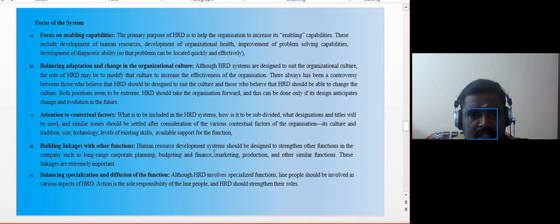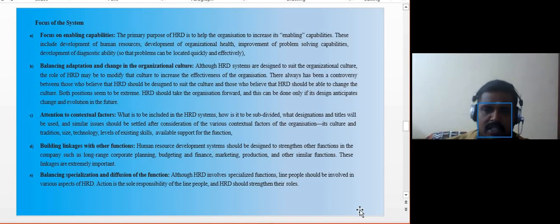So focus on the capabilities of an individual, balancing adoption and change in the organizational culture, and attention to the contextual factors. What are the contextual factors here? We are concentrating on the division and subdivision of people and building linkage with other functions. Whatever it is, we must see that, and balance the specialization and diffusion of the functions and other areas.